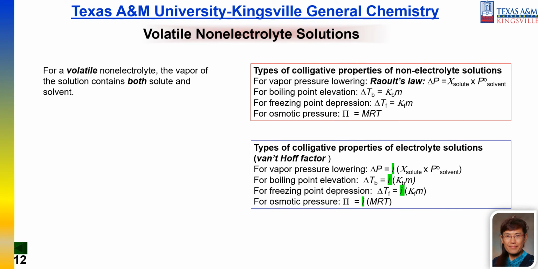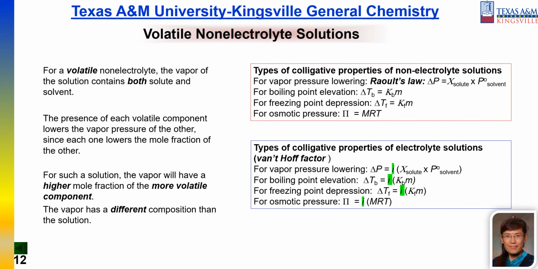So we are going to do the calculations, 4 different ones. One is called vapor pressure lowering. Vapor pressure lowering, delta P, can be calculated using Raoult's law. The second one is called boiling point elevation.